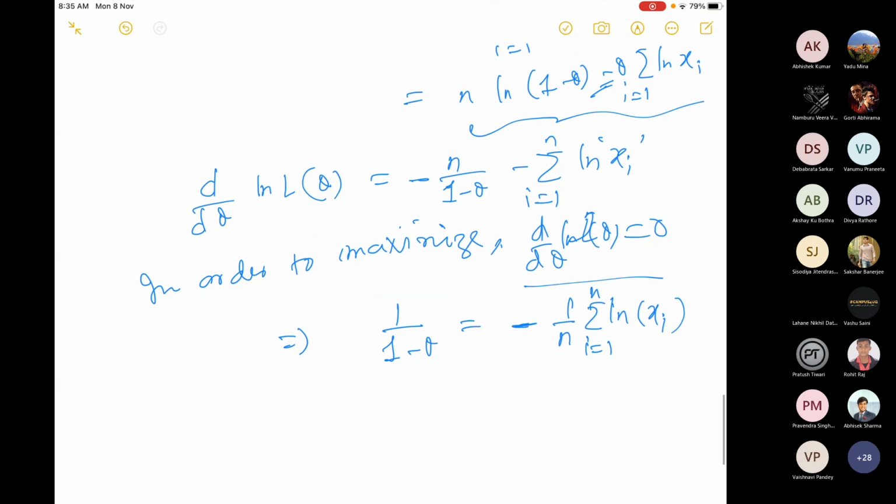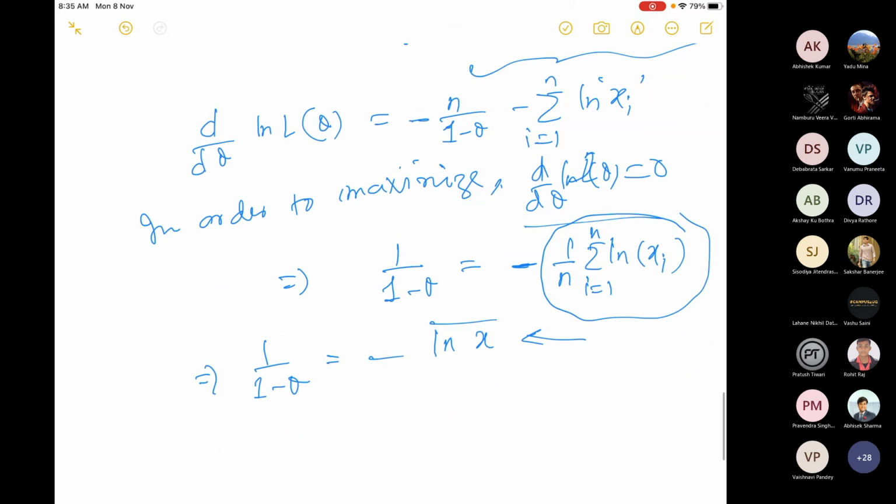Okay, so this means 1 by (1 - theta) minus 1 by n times this. Now see here, this is like the average of log xi, i equal to 1 to n. So the average value of log of xi is nothing but log x bar. This is my notation for the average value, the sample mean.